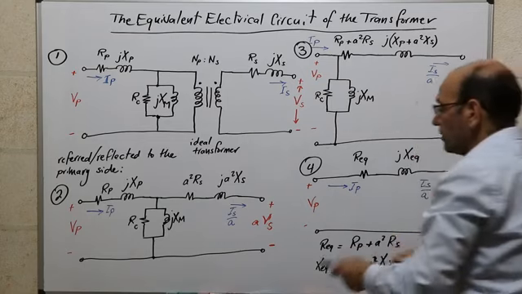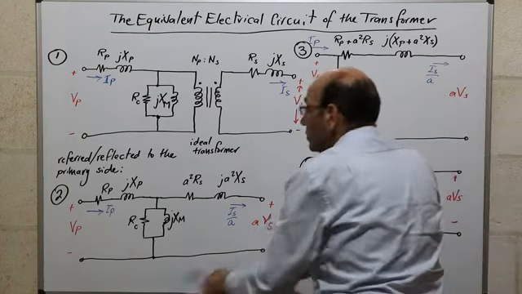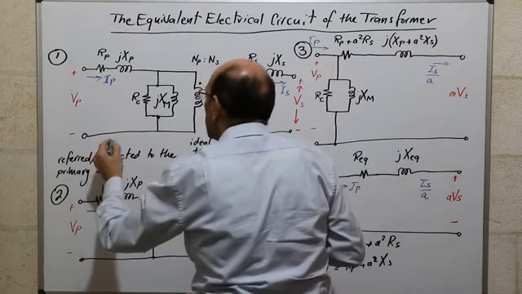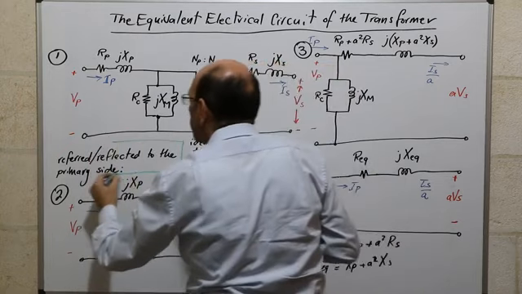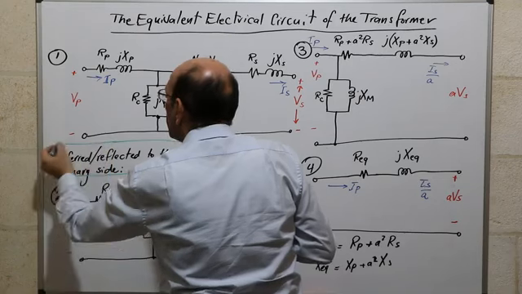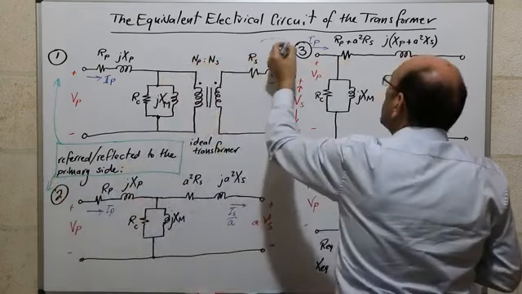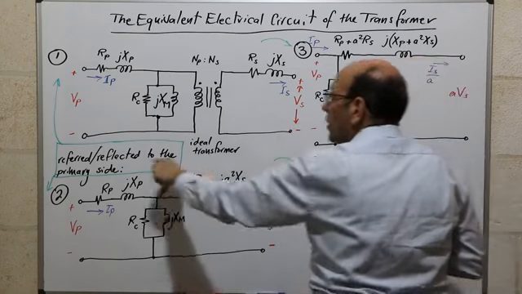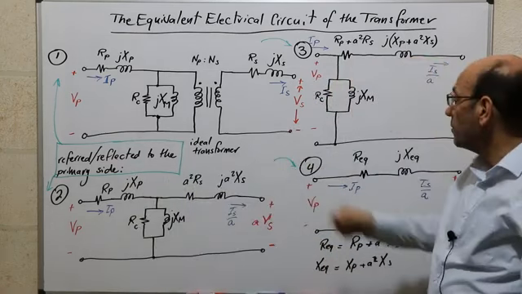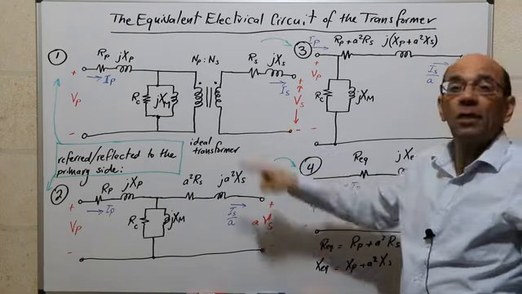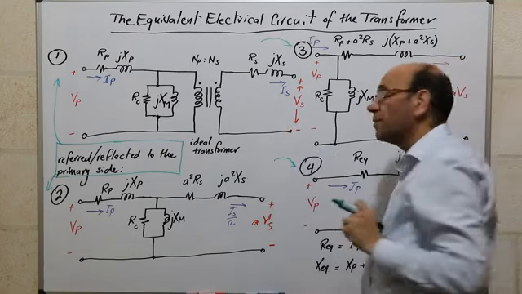But I have to stress again that all of this is referred to the primary side. So all of these models, whether this or this or this model or this model, all of them are referred to the primary side. So this is what you would see when looking at the transformer from the primary side.